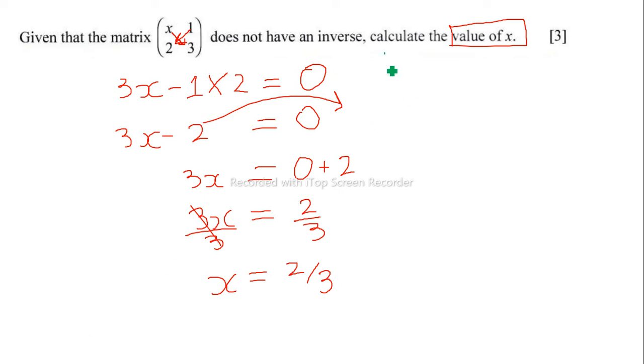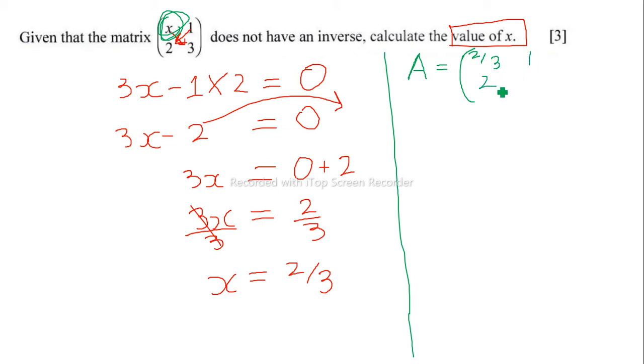Like, let's check it. So if we call this A, and we have A is equal to open bracket, x, remember? But we said that x is what? 2 over 3. 1, 2, and 3. So can someone find the determinant of A for me?